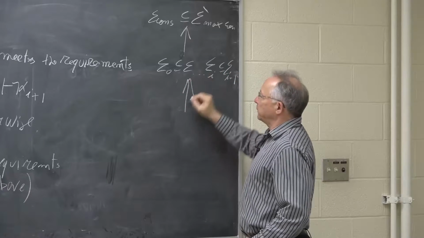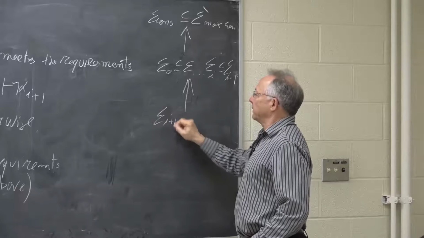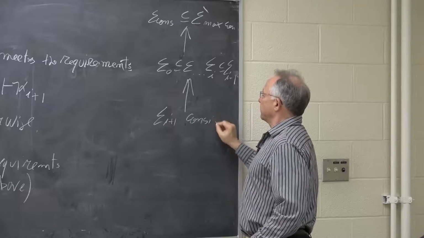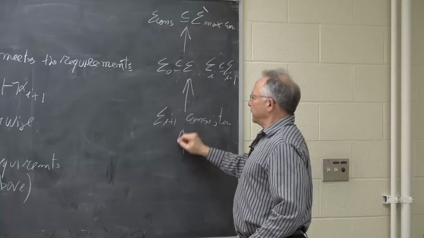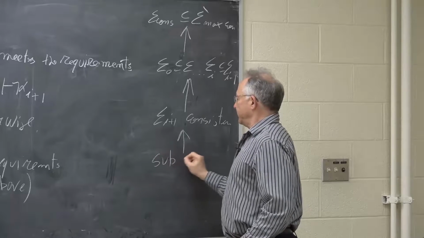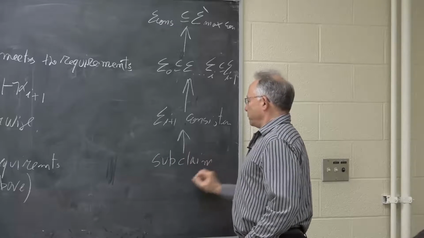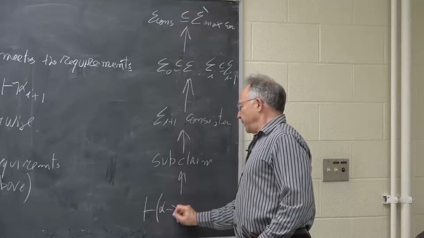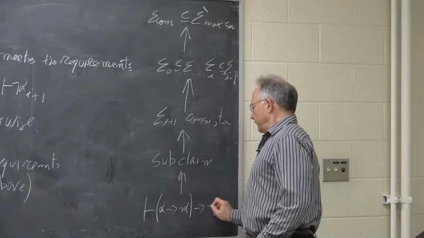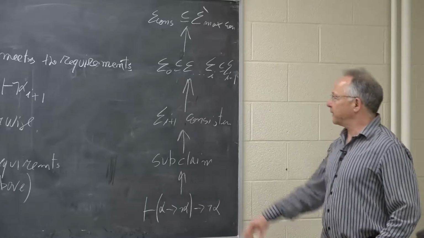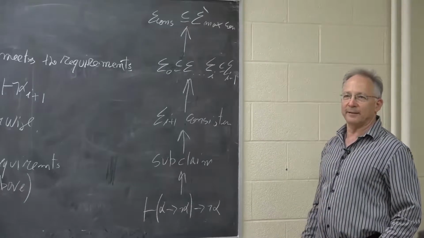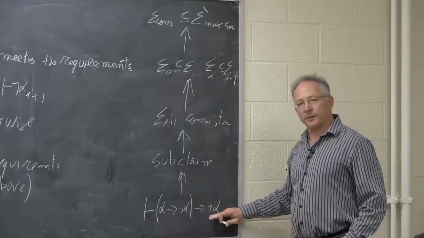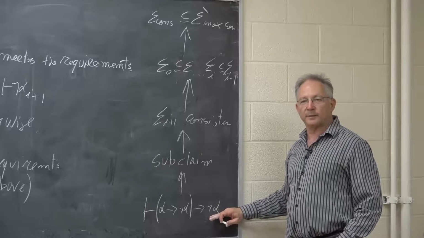To do this, we needed to show that sigma I plus 1 is consistent. To do this, we needed the subclaim. And to prove the subclaim, we needed this statement that alpha errors not alpha. So there's a long chain of reasoning here, and this is the only step that I didn't show, because this needs a formal proof.